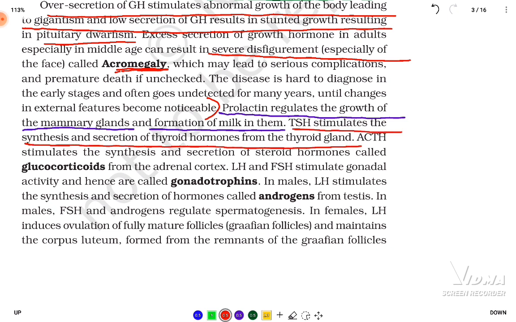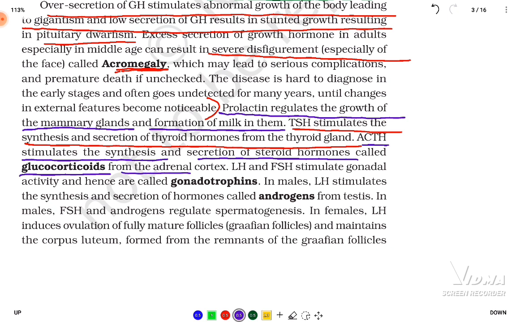Next we have ACTH, adrenocorticotrophin hormone, which stimulates the synthesis and secretion of steroid hormones. So you need to remember that ACTH secretes steroid hormones. An example is glucocorticoid, which is a steroid hormone.